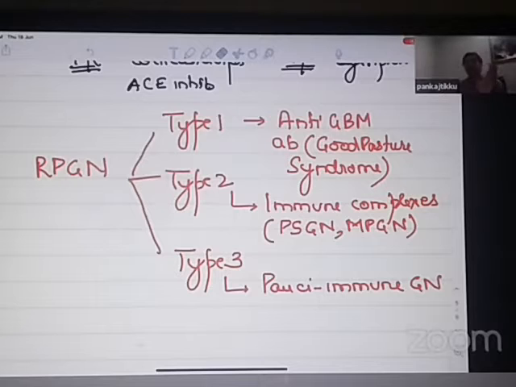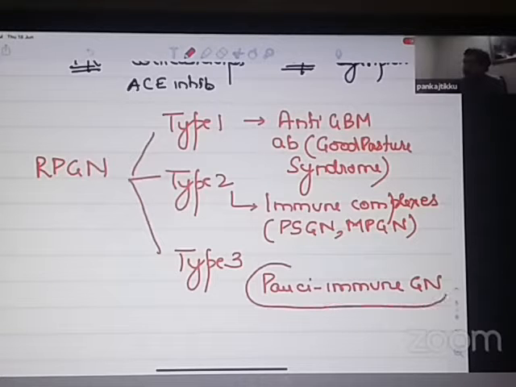Please don't get confused. These types of glomerulonephritis are very rare, but among the causes of RPGN, they are the ones most likely to cause RPGN. So the most likely cause of an RPGN is pauci-immune glomerulonephritis. They are the most common causes of RPGN.